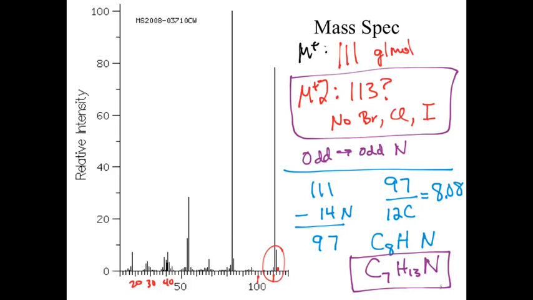Okay, and we can now use that, summarize all this information back on our chart. But before we move back to our chart, if you remember back to our IR, we said we potentially had an alcohol, we potentially had a carbonyl, weren't really sure, but in either case, it sounds like there's an oxygen there. So while this formula has the potential to work, it doesn't take into consideration that we might have an oxygen. So as a kind of preemptive strike, what we're going to do is repeat this calculation, except this time instead of just subtracting the mass of the nitrogen, we're going to subtract the mass of the oxygen.